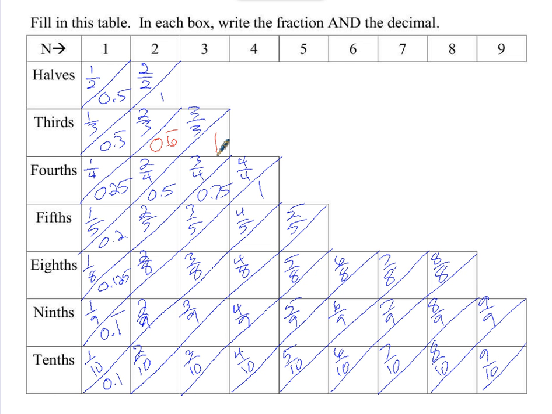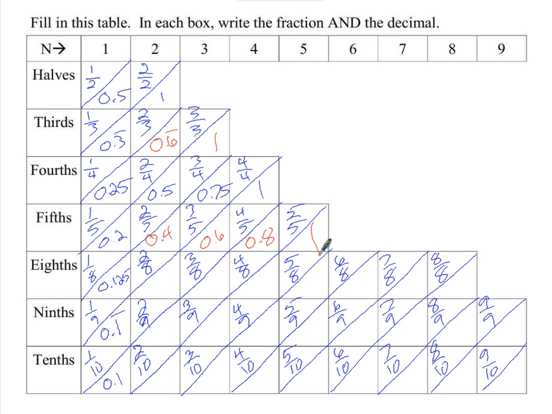Fifths, yes, 0.4. So let's talk about this one for a second. If 1/5 is 0.2, then 2 of these would be 2/5. 2 times 0.2 is 0.4. 3 times 0.2 would be 0.6, and 4/5 would be 0.8, and 5/5 is 1.